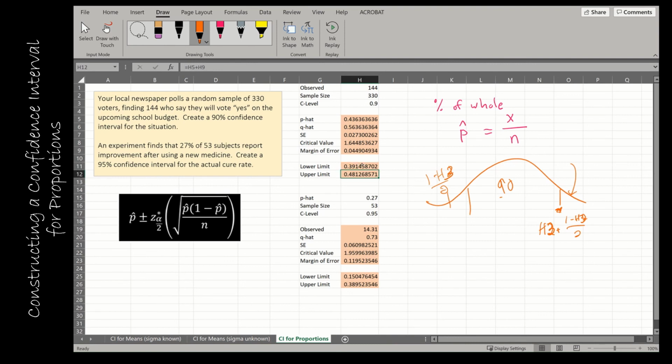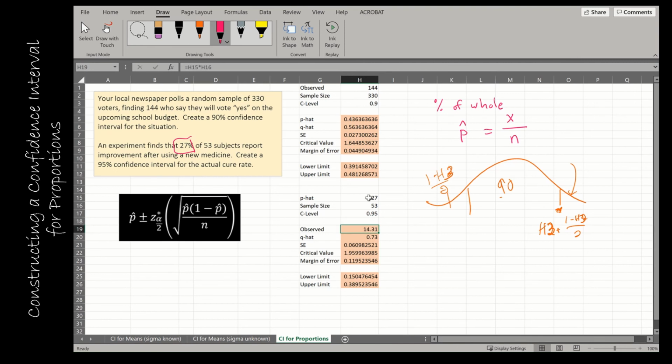Now for the second question, it's the exact same process, but here's the difference. On the second question, I'm given p hat. They tell me to use 27%, and so I can use p hat without having to do any calculations. And then, of course, enter the sample size of 53 and the confidence level of 95%, but the rest of it is pretty much the same.